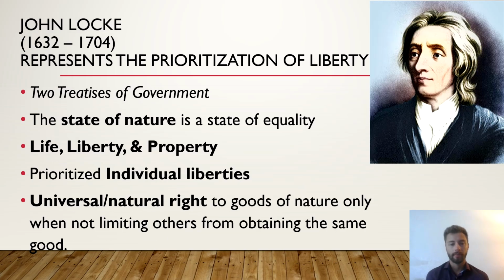Now, standing in opposition, we see John Locke, representing the prioritization of liberty, especially in the state of nature. It's also worth noting the years he lived, writing in the early years of that same English Civil War. And of course, how would a younger individual in their roughly 20s view a civil war in comparison to a 60-year-old individual?